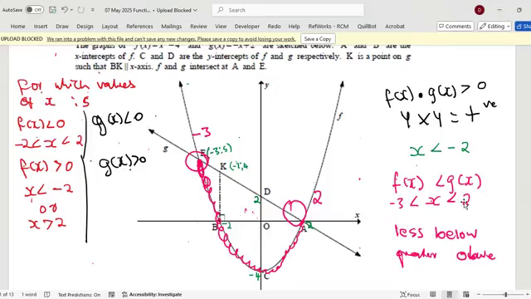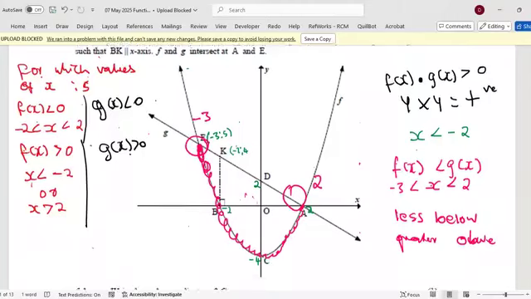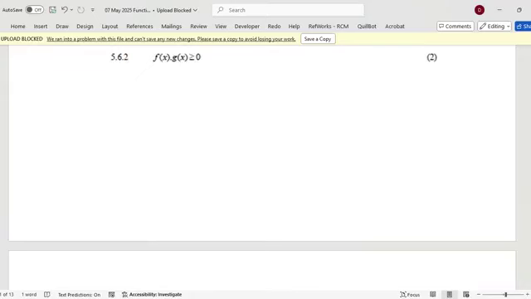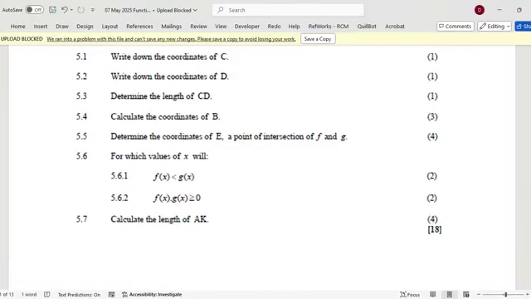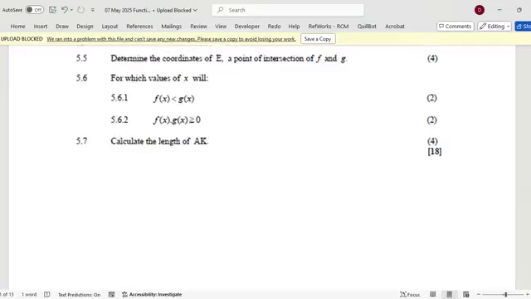I'm going to stop here. I think today I explained enough. I explained the domain and the range. I explained f of x greater than 0. I explained multiplying graphs, and comparing the two graphs, less than or greater than. So you are going to answer question 5.6 with understanding this time.